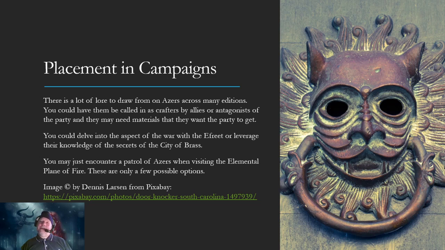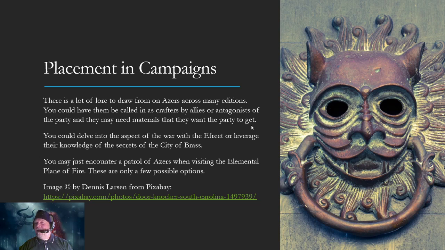Shame if something would happen to them. You know what? We'll just take those for safekeeping." And then the party might have a showdown with those Azer. All right. So those are just a few ideas of how you might use them in campaigns.